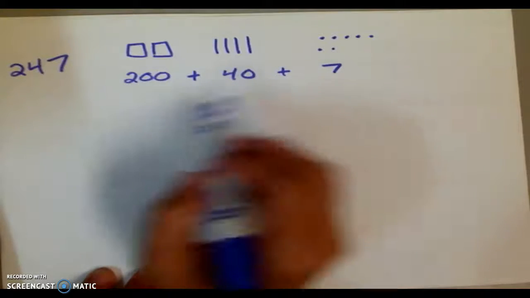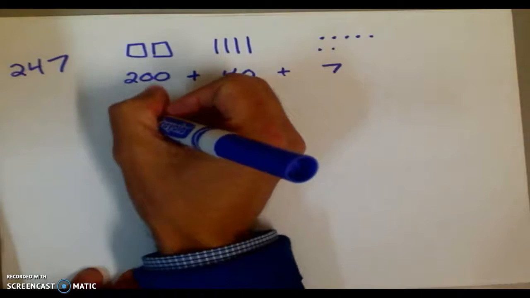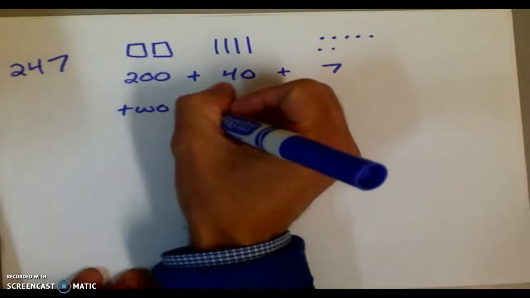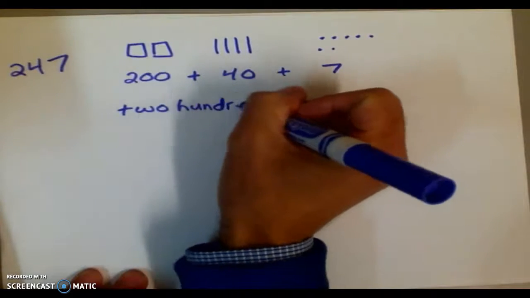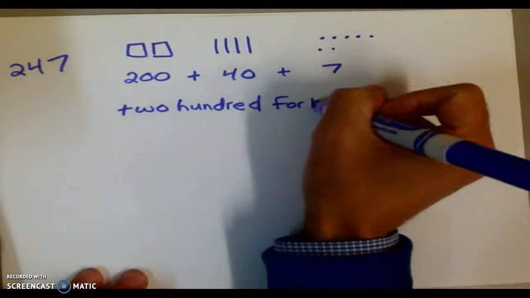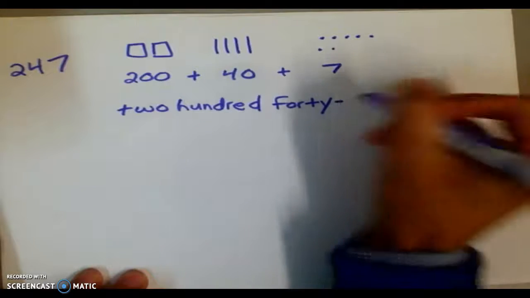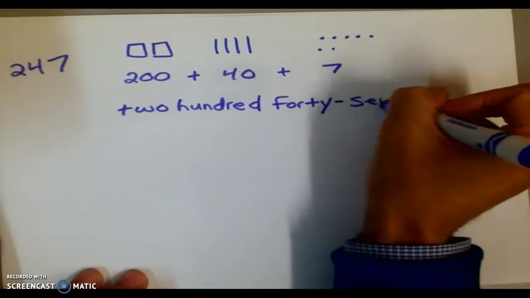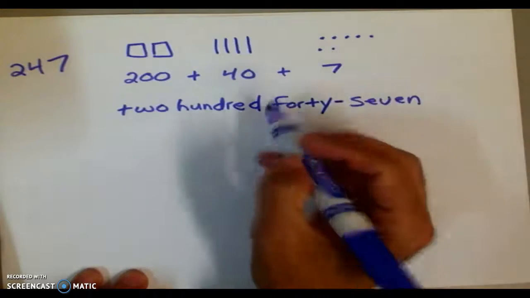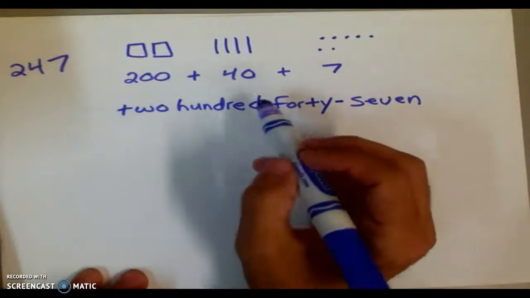We can also, there's one other way we can write this, which is in words. Right, so we could say this is 200, and you literally just write it the way you would say it. 240, put a little hyphen here, a little dash, 47. All right, so sometimes we might say 247.